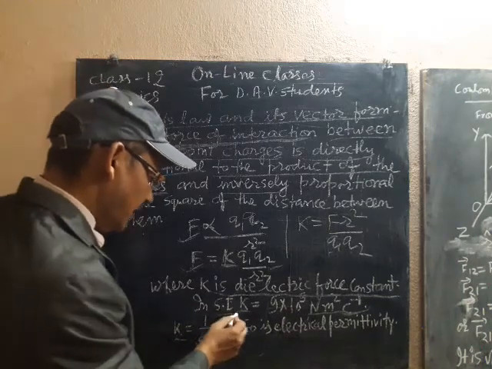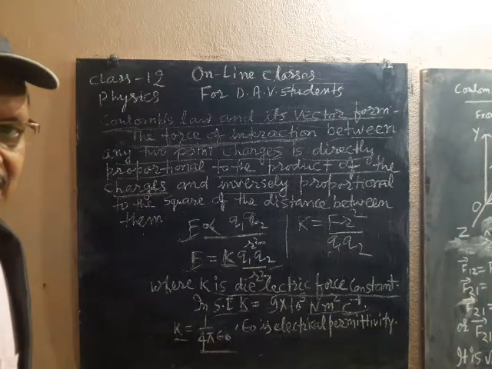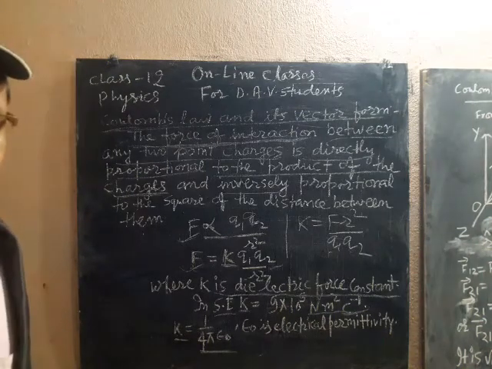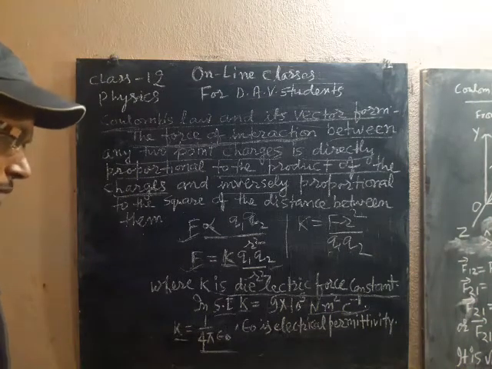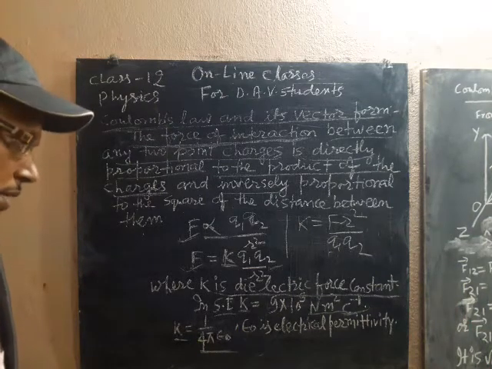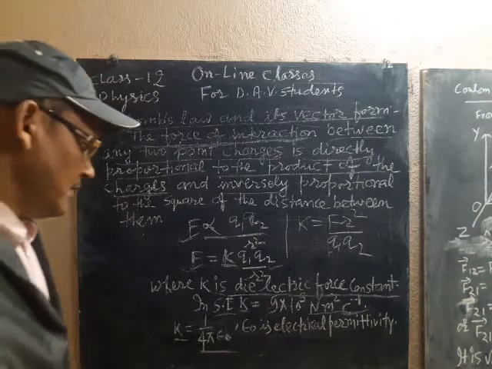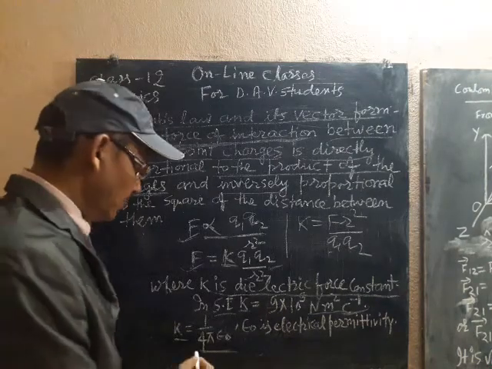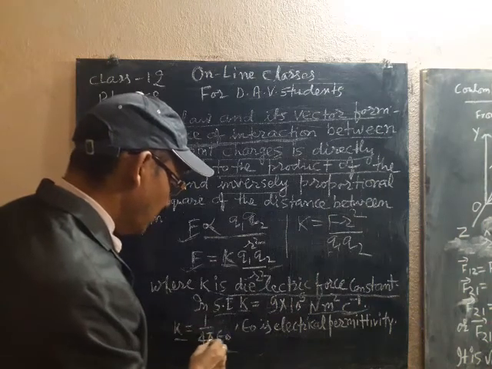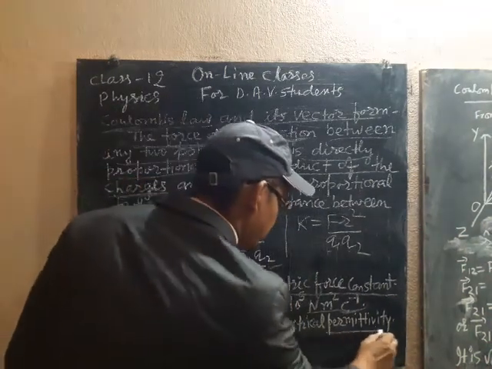Here I have written SI. SI means System of International Units. It is adopted by the whole world. You should study all these things in physics, then you are able to understand everything. K is equal to 1 by 4 pi epsilon 0, where epsilon 0 is the electrical permittivity.